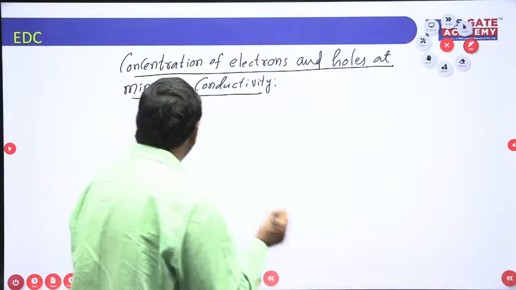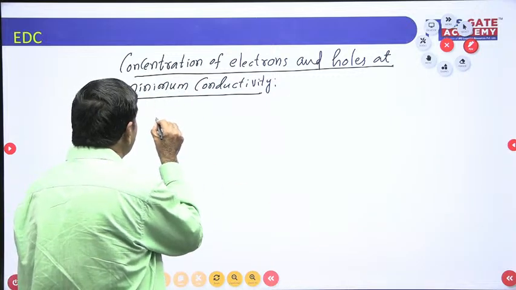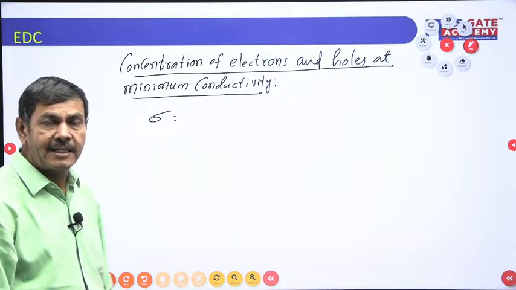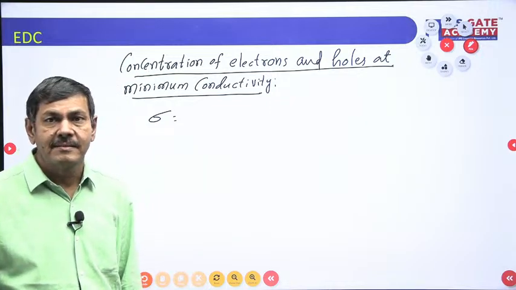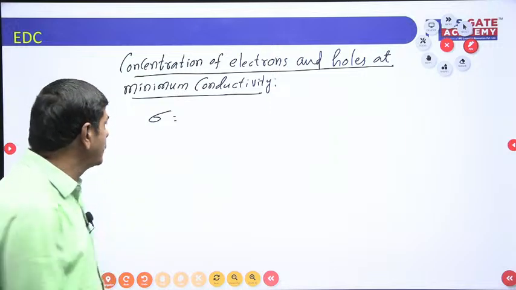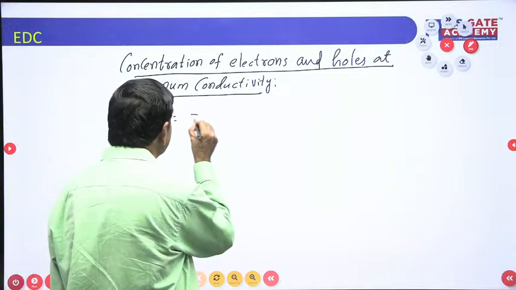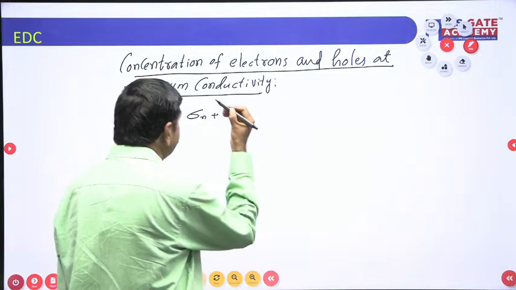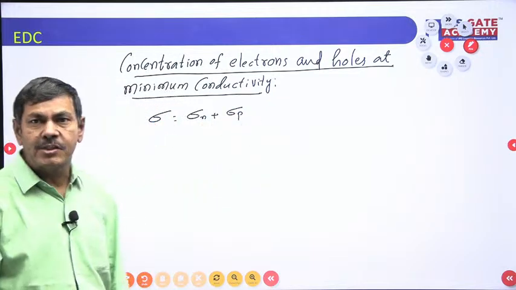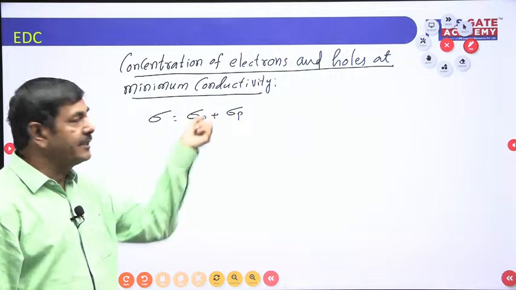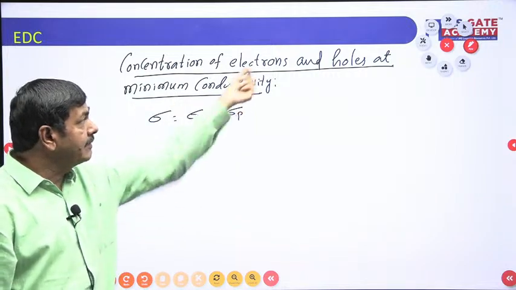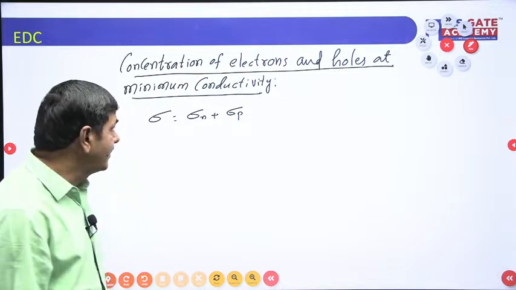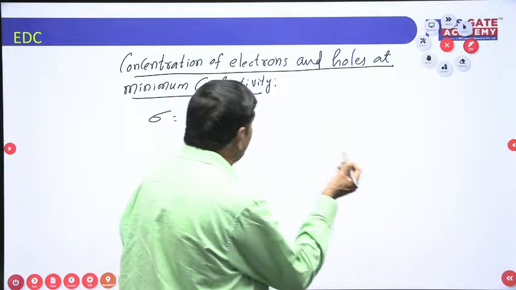We know very well the total conductivity in a semiconductor is nothing but conductivity due to electrons plus conductivity due to holes. Sigma equals sigma n plus sigma p. Addition of these two is the total conductivity. But I want the concentration of electrons and concentration of holes at minimum conductivity.